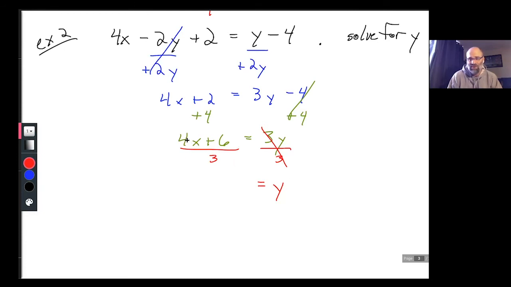The 4 and 3 don't reduce, so I'm just going to leave that 4x over 3, or 4/3 x, plus, well, this reduces. 6 divided by 3 is just 2. All I'm doing is like the distributive property of division. Divide everything by 3. 4x divided by 3 is just 4x over 3, plus 6 divided by 3, which is just 2.